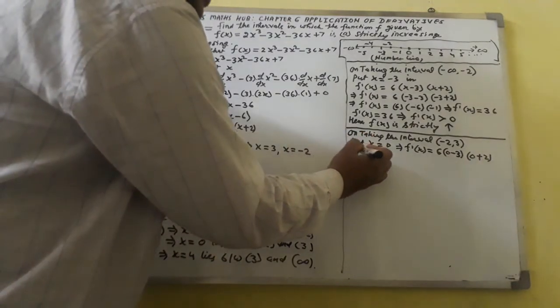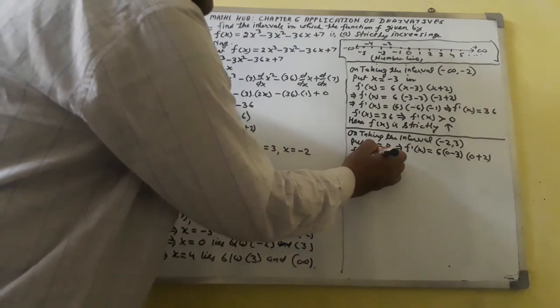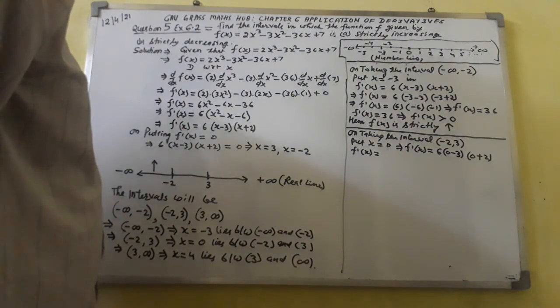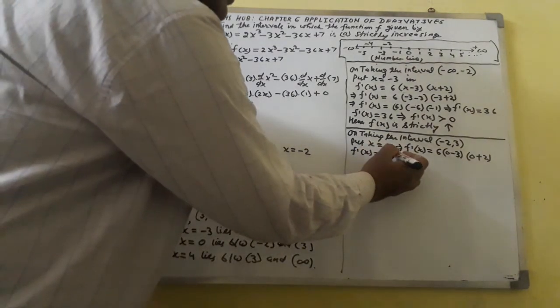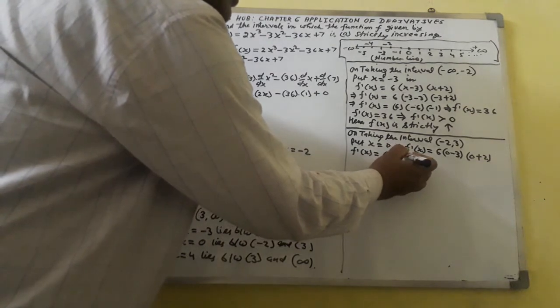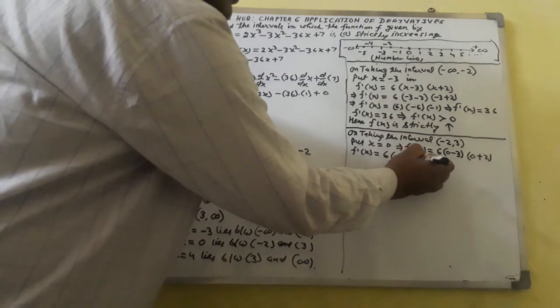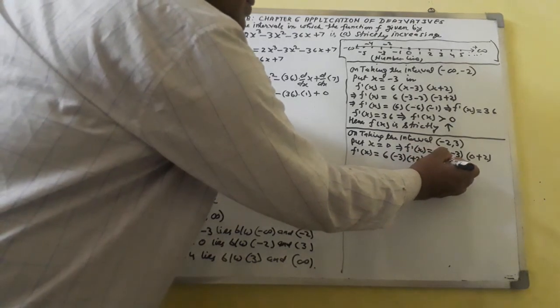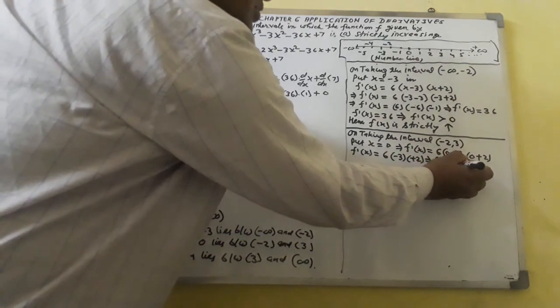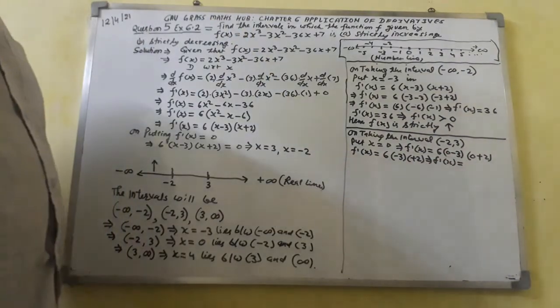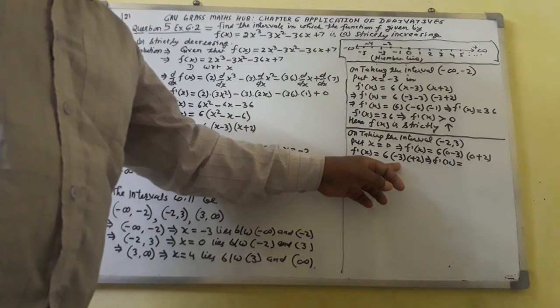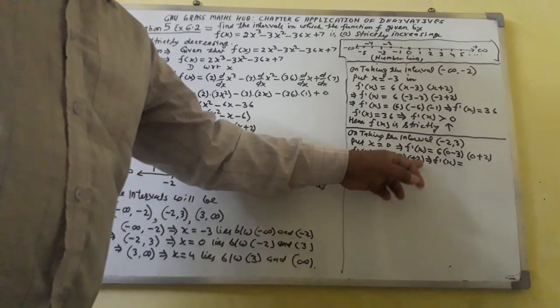f dash of x equal to 6 in bracket minus 3 plus 2, implied that f dash of x equal to 6 times minus 3 multiplied by plus 2.